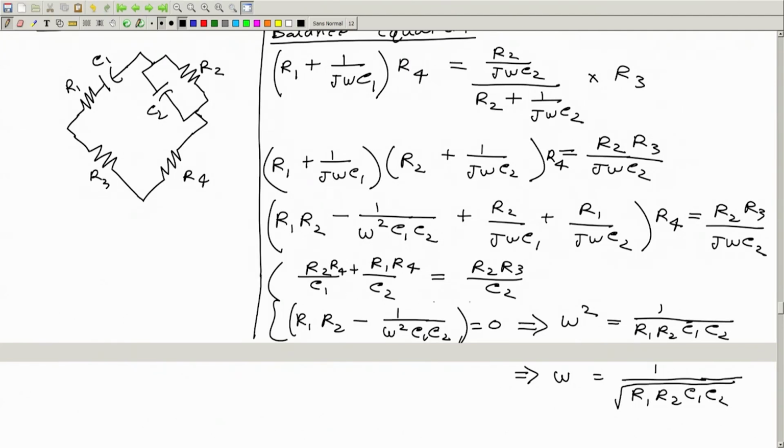So, these are the two balance conditions. This is 1, this is 2.